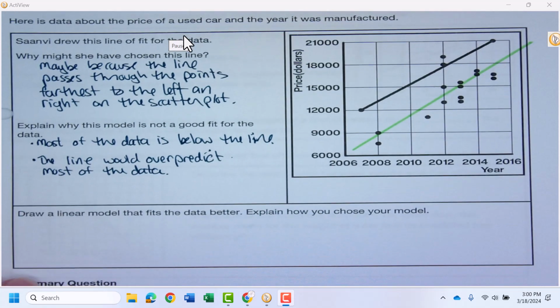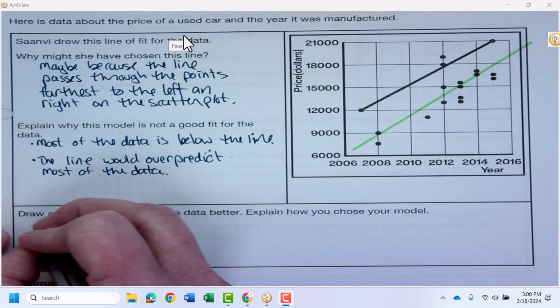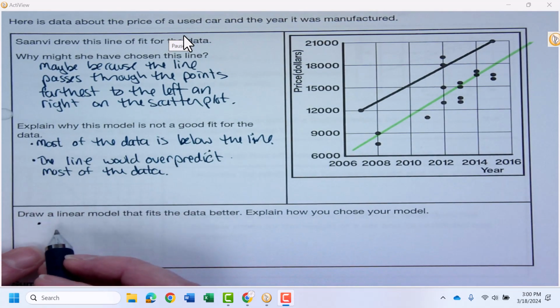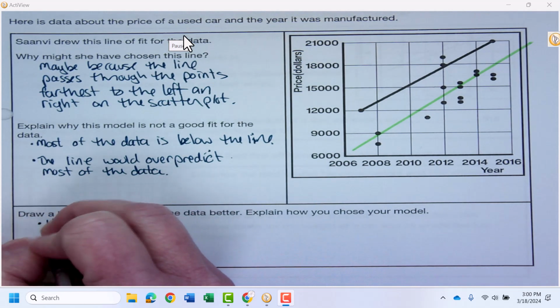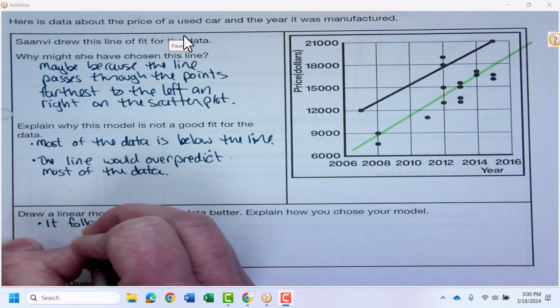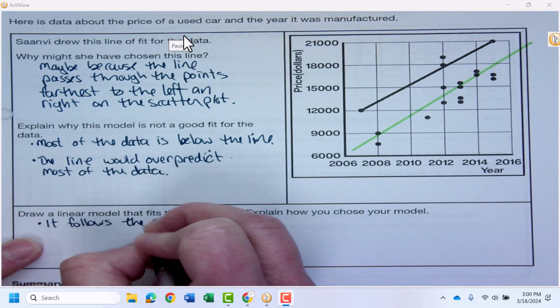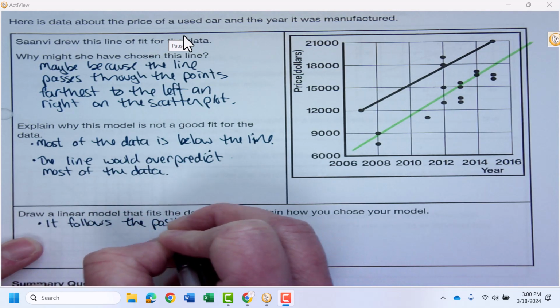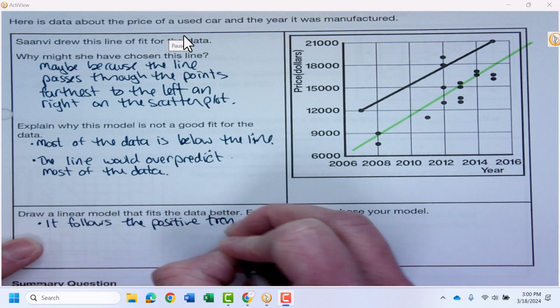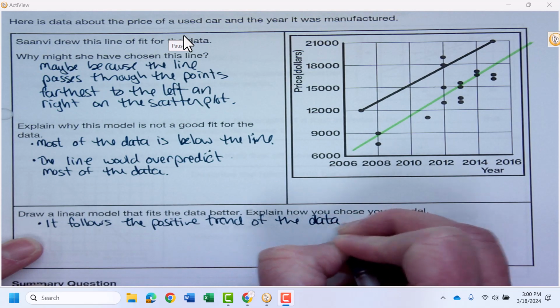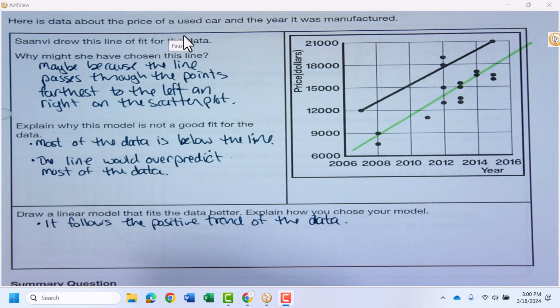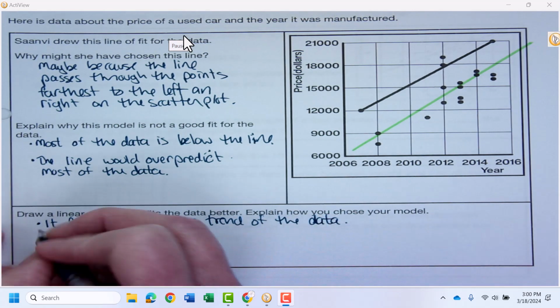Now, the way I chose to draw my line is I followed the positive trend of the data, and about half the data is below and half is above the line.